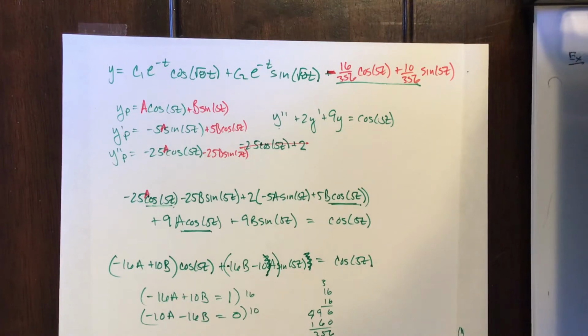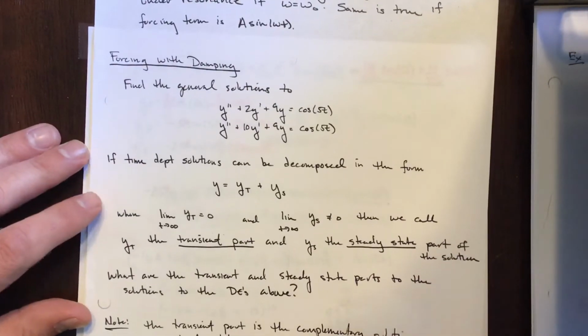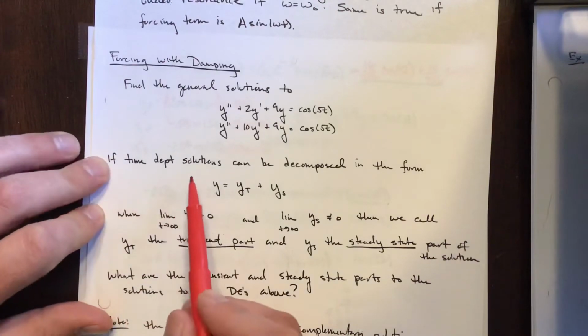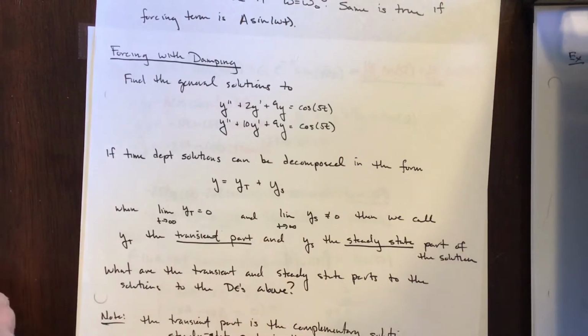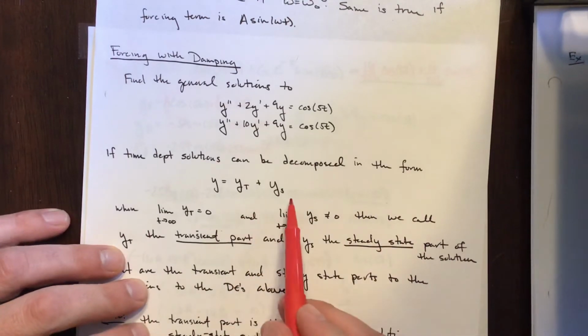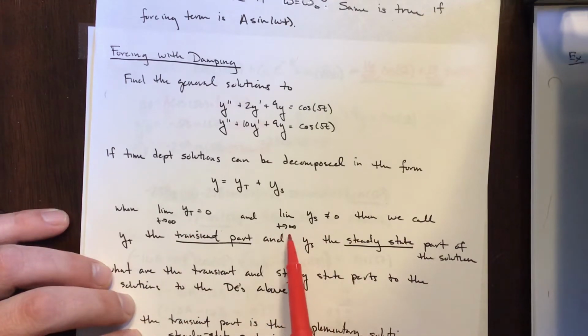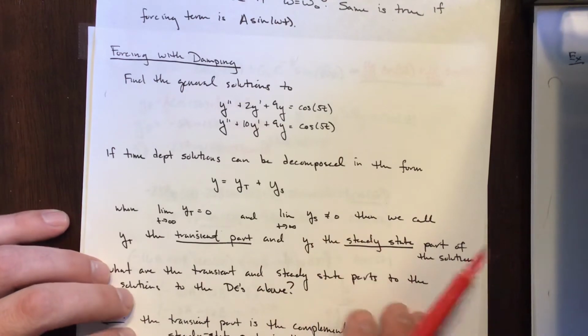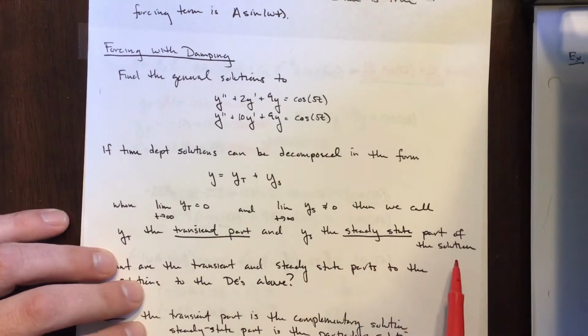Now, before we do the second example, I want to take note of a couple of things in this last half page. If time-dependent solutions, that's what we have, the position of the mass is a function of time, can be decomposed in the form yt plus ys, where the limit as t goes to infinity of yt is 0, and the limit as t goes to infinity of ys is not 0, then we call yt the transient part and ys the steady state part.